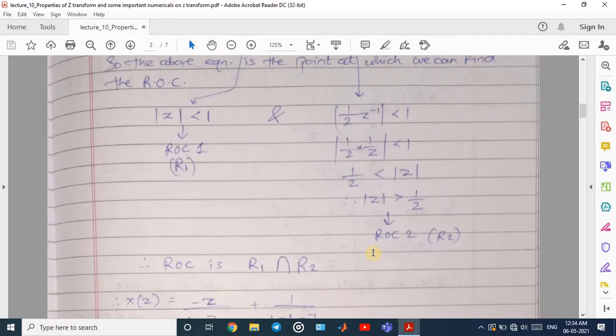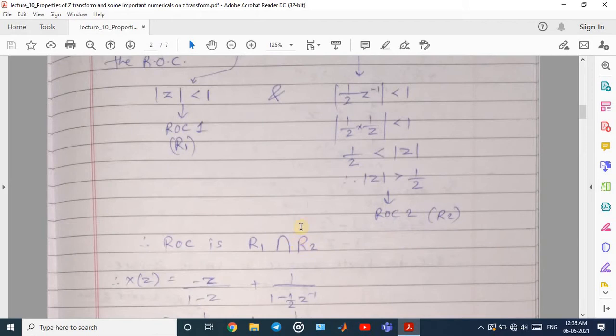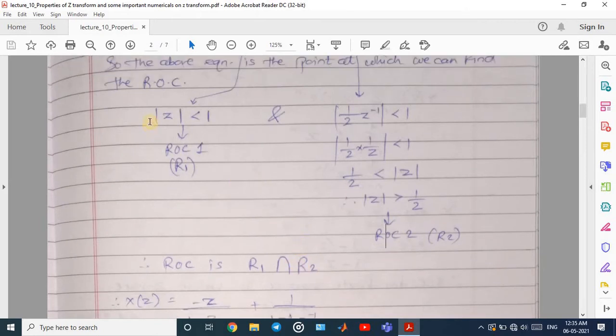Now in order to find out the region of convergence, we have to take the intersection of both the ROCs, intersection of R1 with respect to R2. Here we can see that there is only one greater than sign in this R2. In case of R1 there is a less than sign.